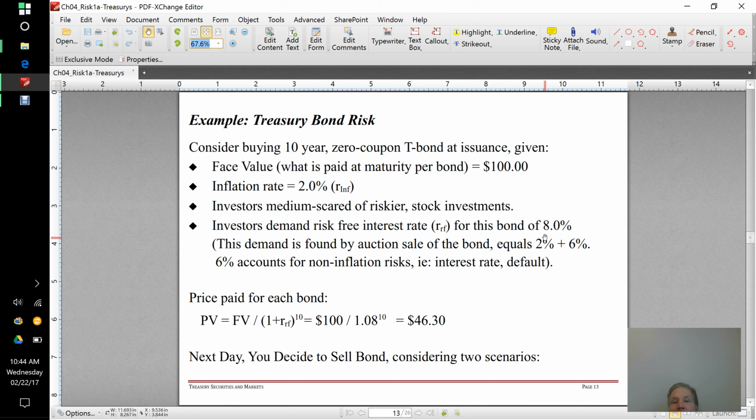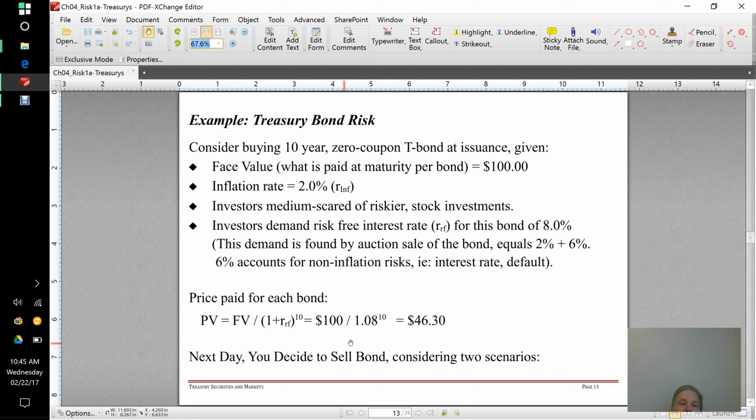Well, there was the Treasury auction, okay, and the 8% includes 2% for inflation risk and 6% for other risks, including interest rate risk and default risk. The inflation rate risk we have measured from the consumer price index or the GDP deflator. So we can put a number on that. A little bit harder to get numbers on the interest rate and default components of the remaining 6%.